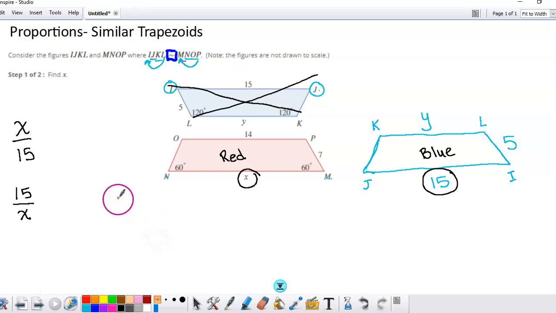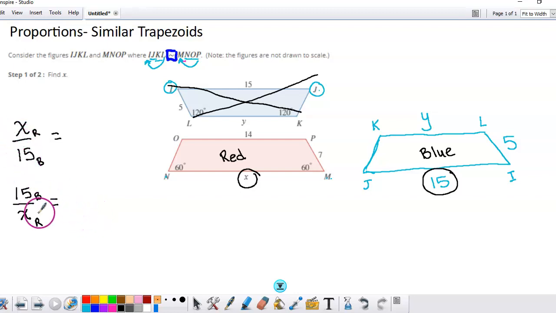To help me be consistent, I'm going to label this x with an R because it came from the red trapezoid. I'm going to label the 15 with a B just so I remember it came from the blue. I'll do the same thing here. The 15 was blue, the x was red. Okay, you only have to set up one of these. I'm just showing you that both ways work.